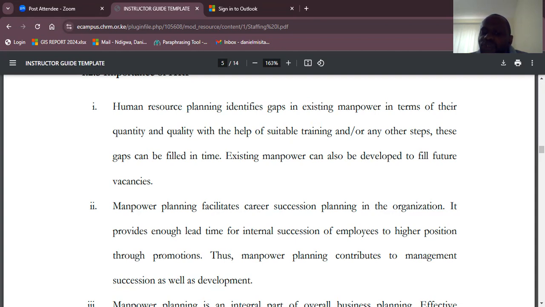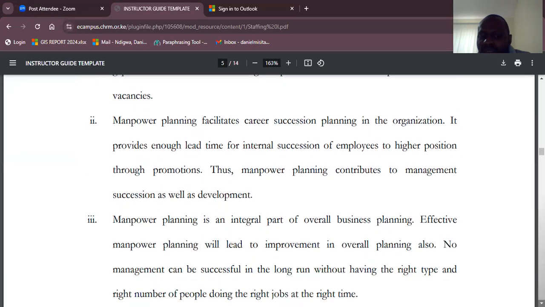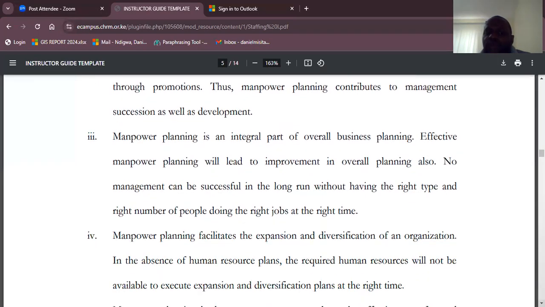And also those who are remaining can also be incorporated. Therefore, manpower planning will help in career succession planning. This is because it provides enough lead time for internal succession of employees to higher positions through promotions. So you can easily transition well when it comes to manpower planning.